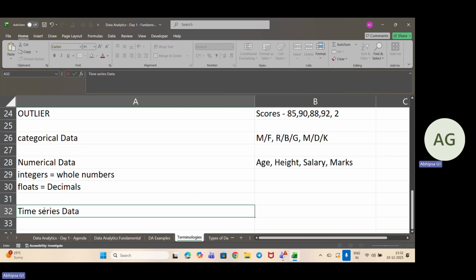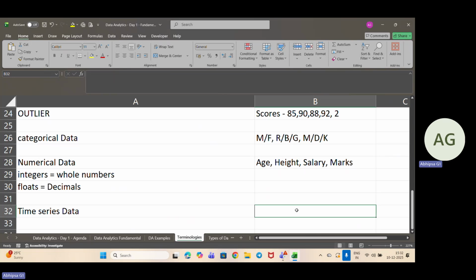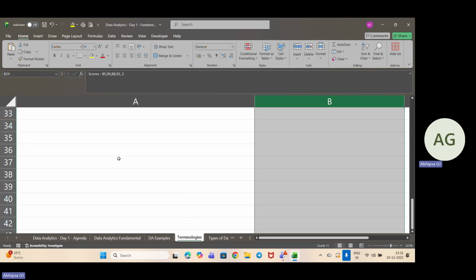So data that is collected over time in a specific order is called time series data. The examples I have given are stock price, monthly rainfall, and daily temperature. These are the fields we can cover using time series data.